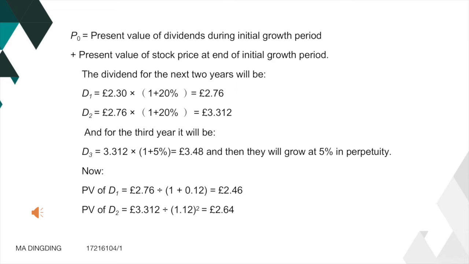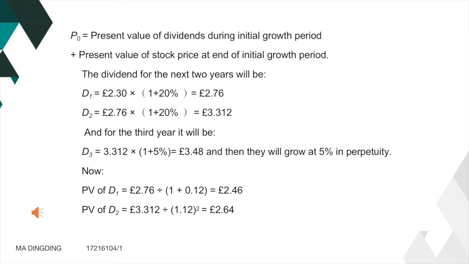The dividends for the next years: D1 is equal to 2.3 multiplied by 1 plus 20%, which is 2.76. D2 is equal to 2.76 multiplied by 1 plus 20%, which is 3.312. And for the third year, D3 is equal to 3.312 multiplied by 1 plus 5%, which is 3.48.